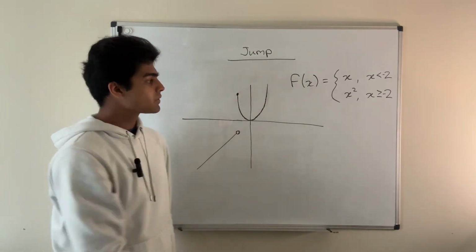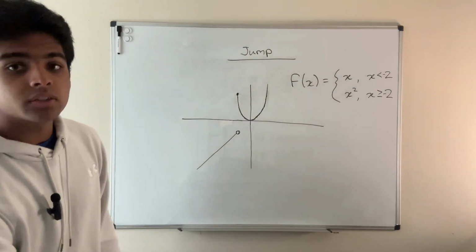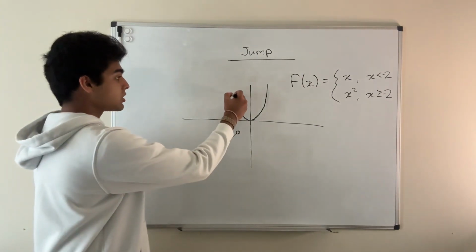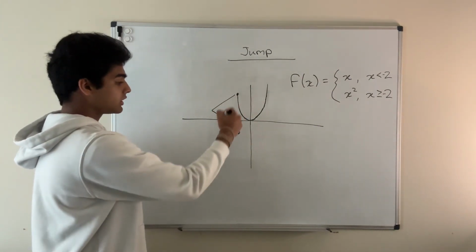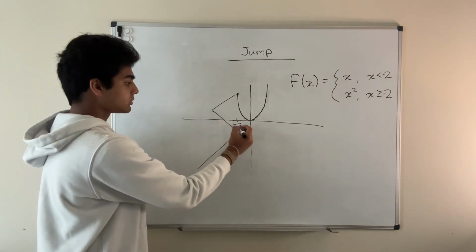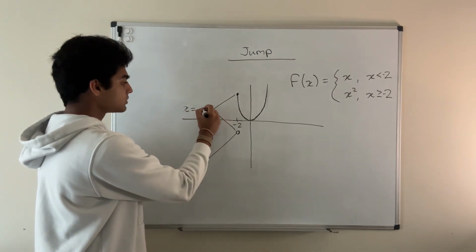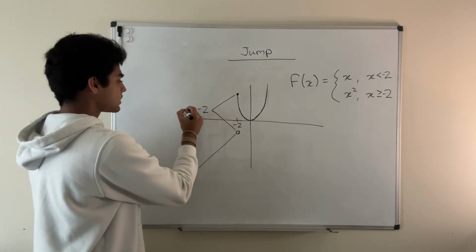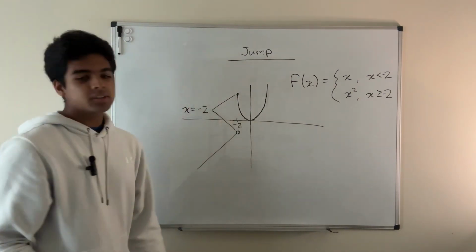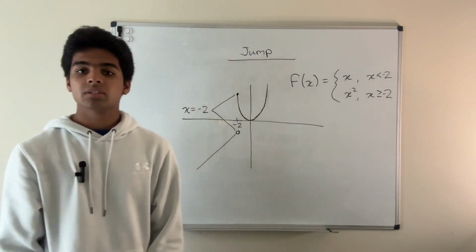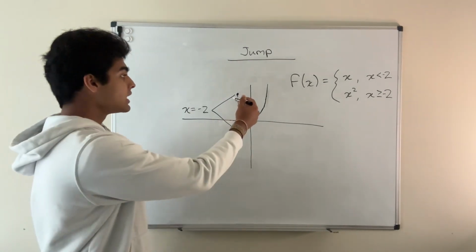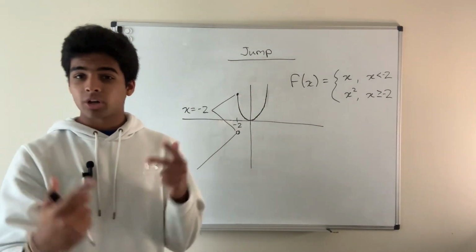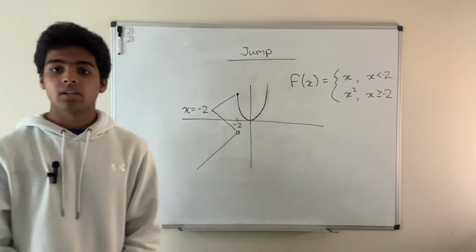This is called a jump discontinuity because there is a jump in the graph when x equals negative 2. That's basically all there is to it. If you look at a graph and see a jump between two parts of the graph, it's going to be a jump discontinuity.